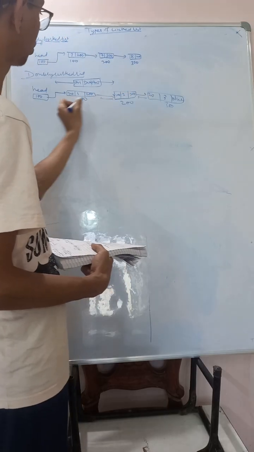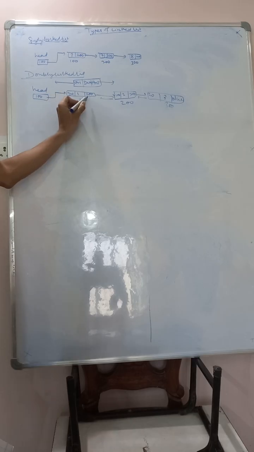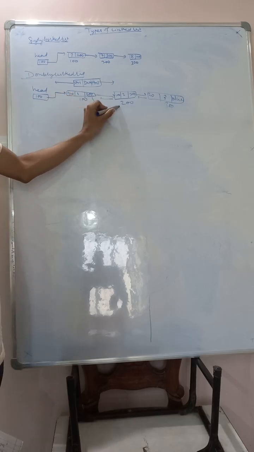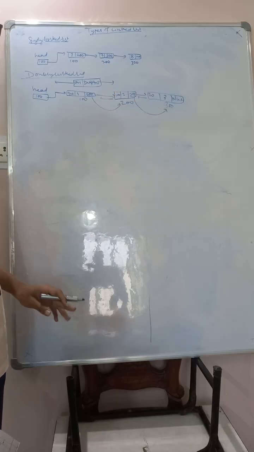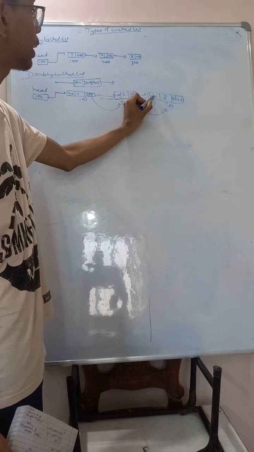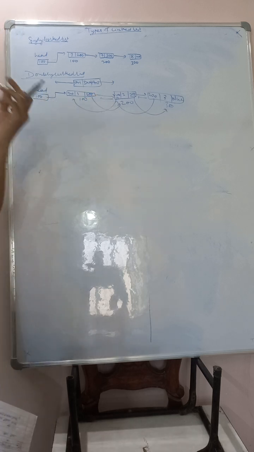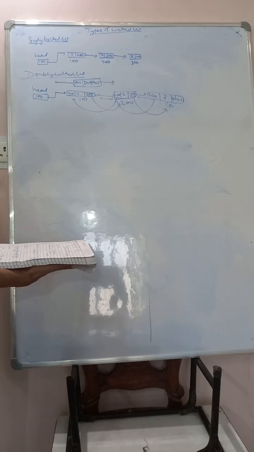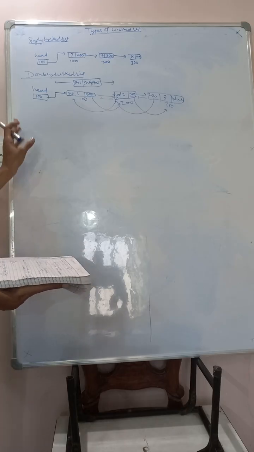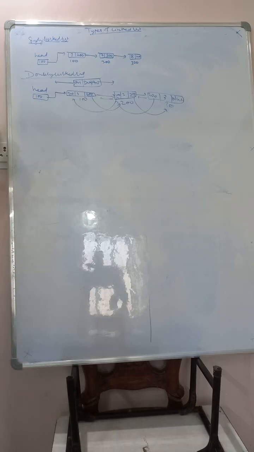Right. Now what is happening here? This is address of my second node. This is address of my third node, right? But this is address of my previous node, and this is address of my first node. So what is happening? Basically, each node can point to its previous and next node, right?